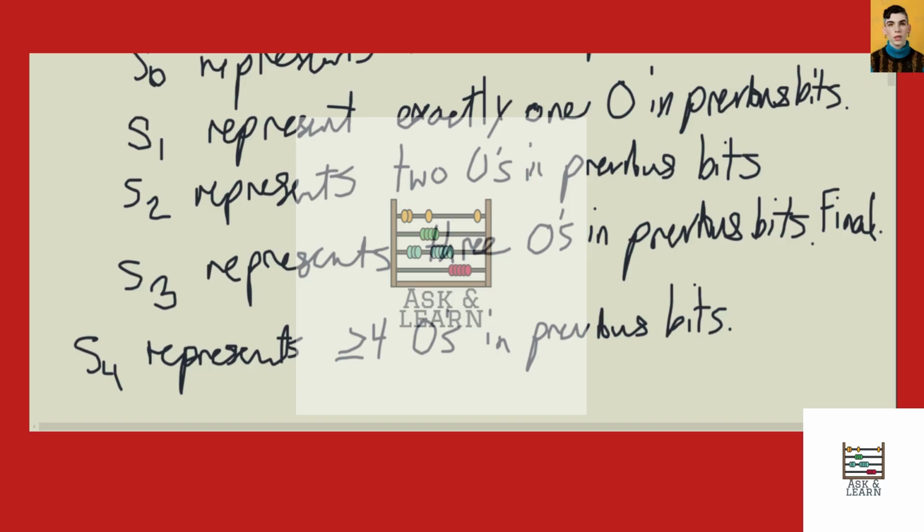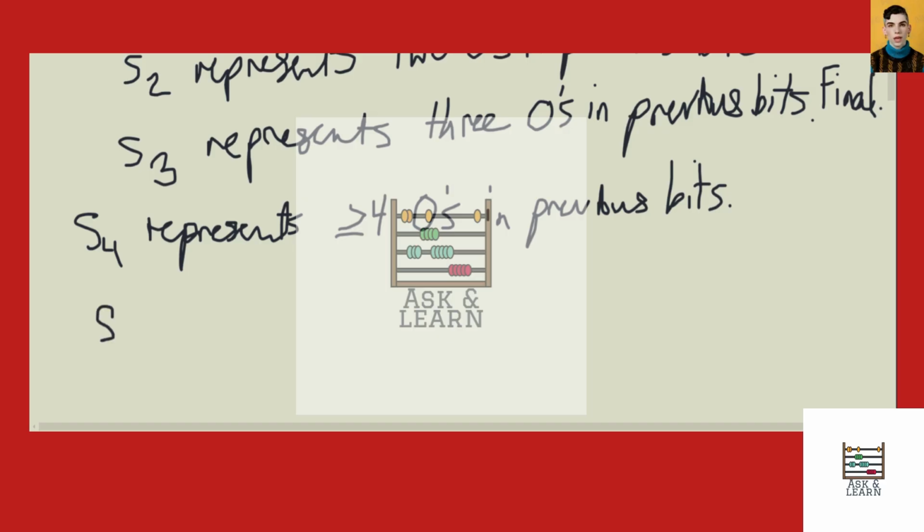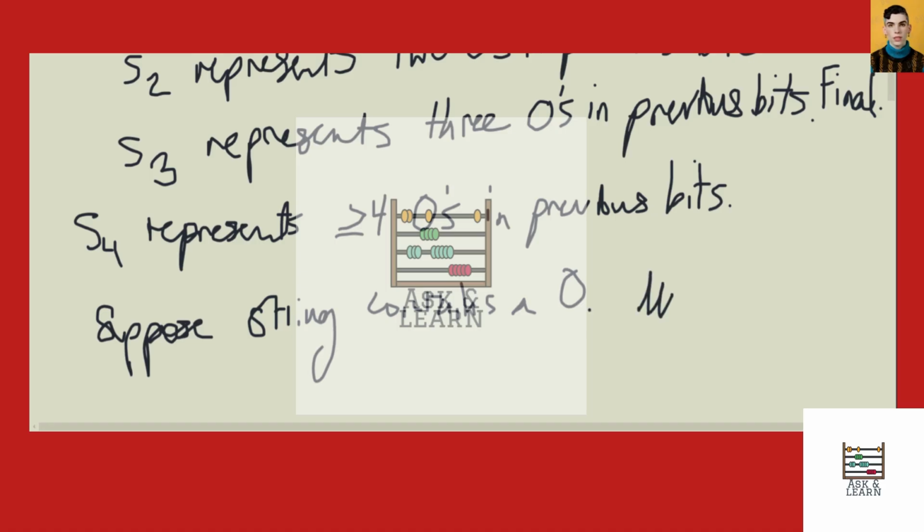So let's think about the transitions here. We're going to move from S0 to S1 if we come across a 0. So suppose that the string contains a 0. And we're going to move from S0 to S1.